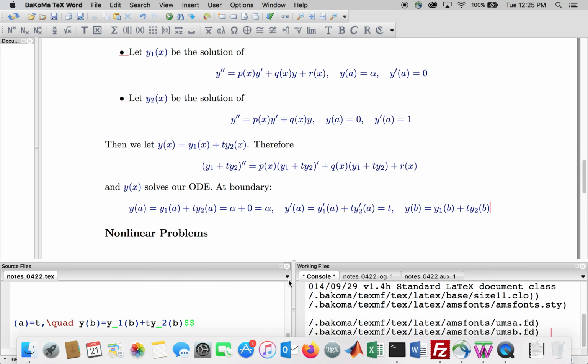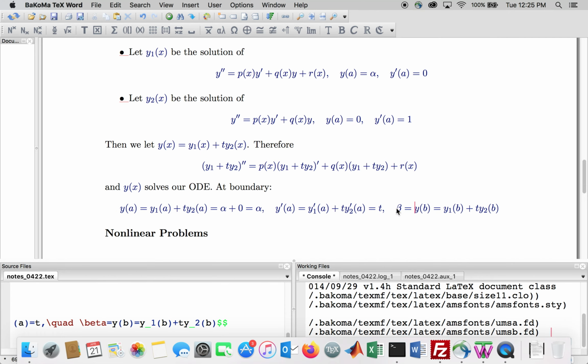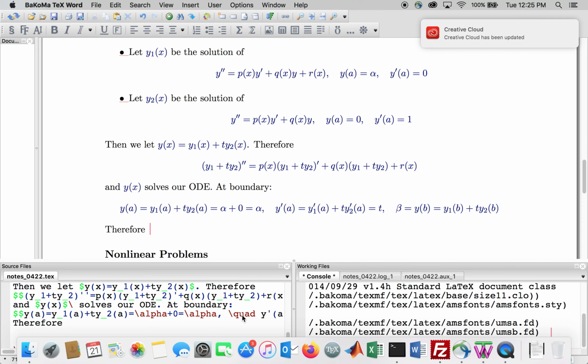Okay. Now, this is supposed to equal beta, based on the boundary condition. So what I could do is, I can take this equation, because y1 of b and y2 of b are known once I've solved these.